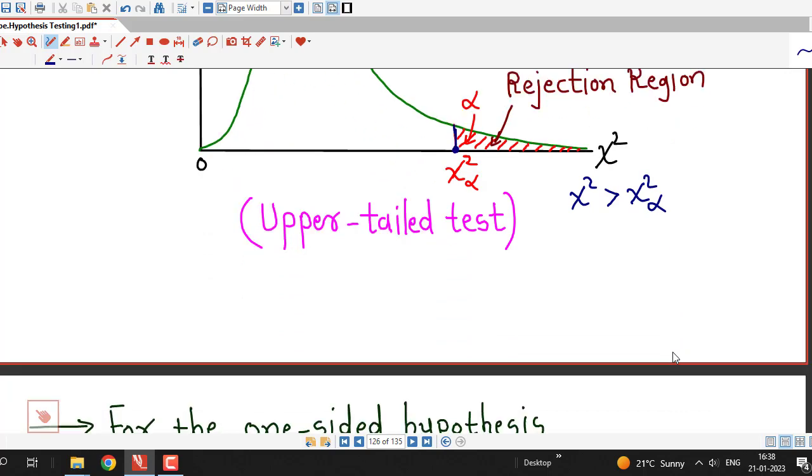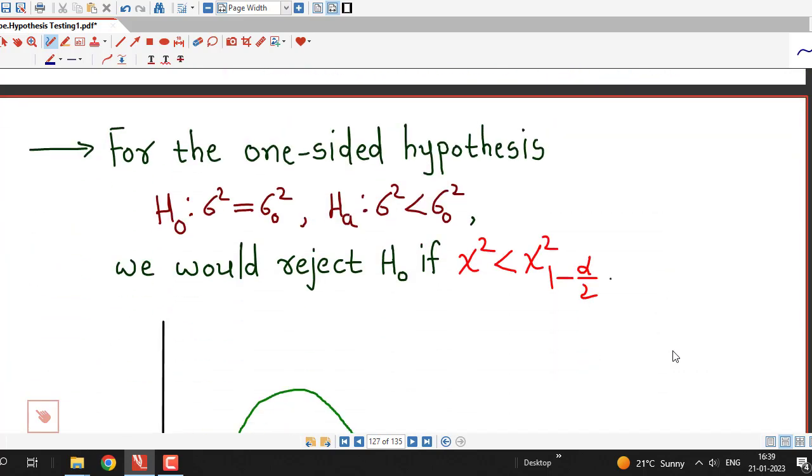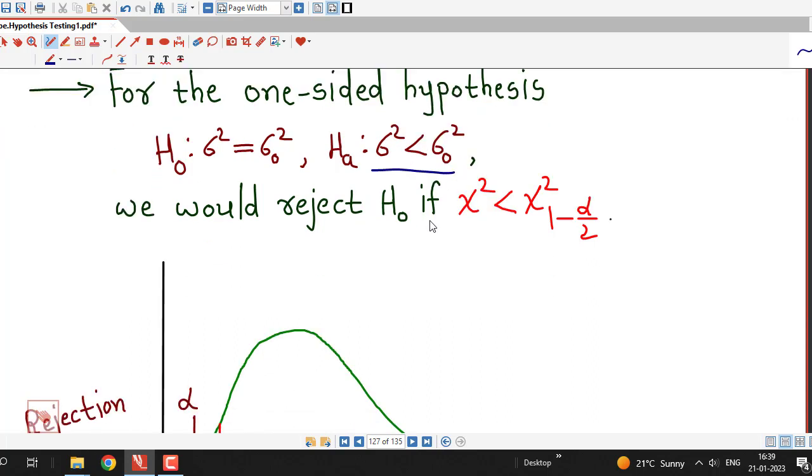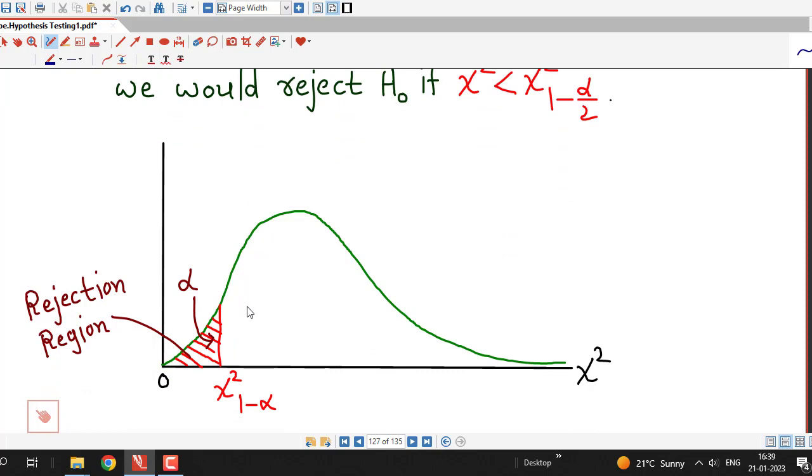And if we have this type of one-sided hypothesis, that is sigma square is less than sigma 0 square, then we consider area alpha in this left tail of the distribution, and because this area to the left side is alpha, the area to the right side of this point is 1 minus alpha.